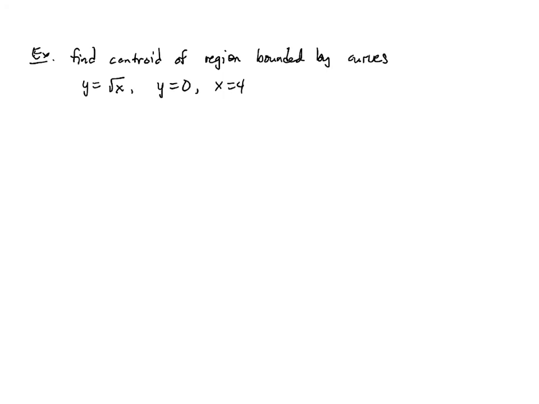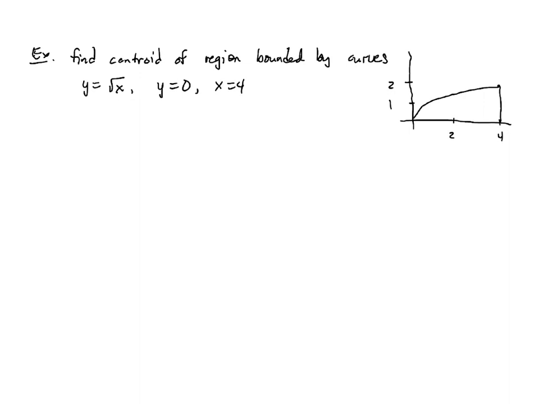Now, in general, what you'd like to do is to sketch the region to make a reasonable guess about where the centroid should be. So there's the curve y equals square root of x, there's the line x equals 4, and here's the point x equals 2, the point y equals 1.